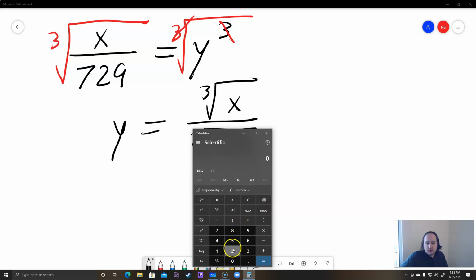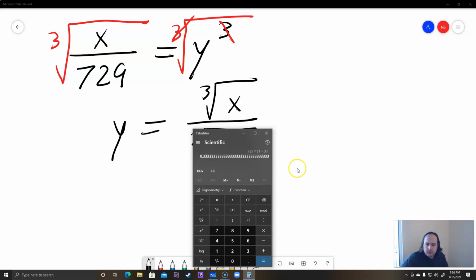So if I do 729 to the 1/3 power, remember the 1/3 power is the same as the cube root. Did I do that right? I don't think I did that right. 729 to the 1/3 power. Oh no, wait, maybe I did.